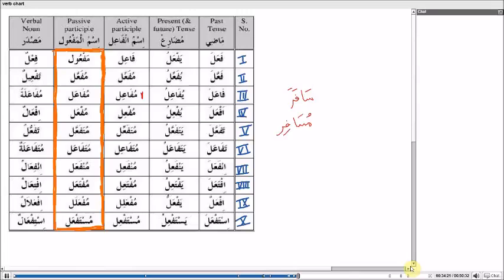And the object of the traveling would be musafar. You just change the kasra to a fatha. Musafar. And this will go for any form 2 verb that you find.